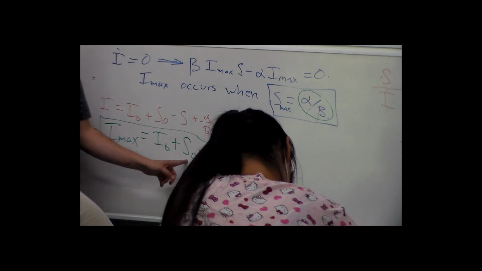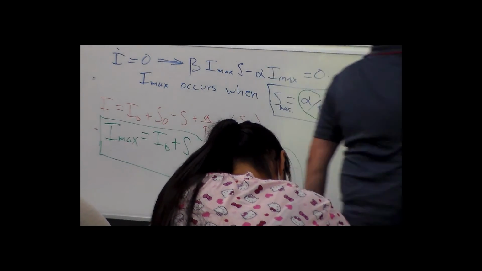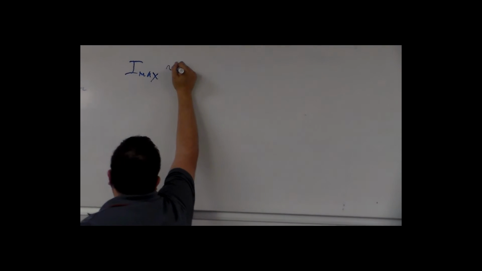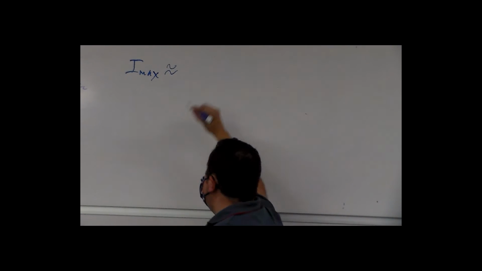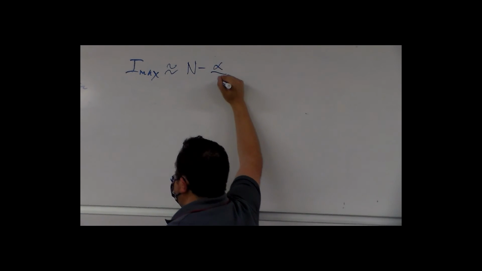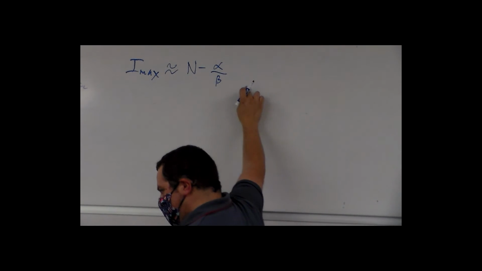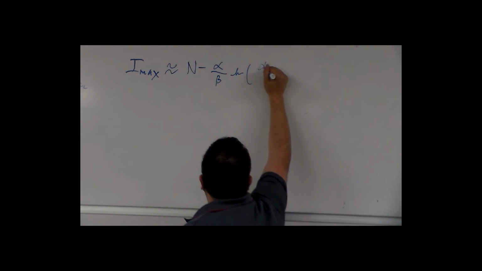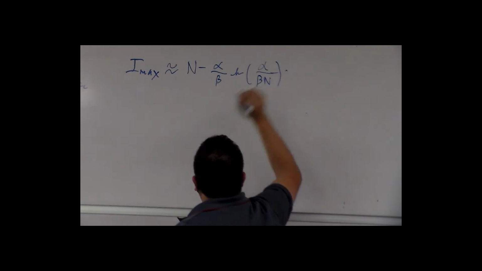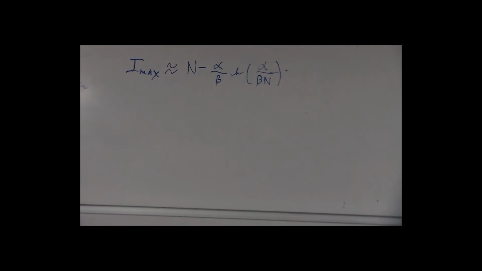N, roughly N. So what I should get is the following: I max is approximately my I naught 0, so my S naught is N, minus alpha over beta times the log of alpha over beta N. That's okay?